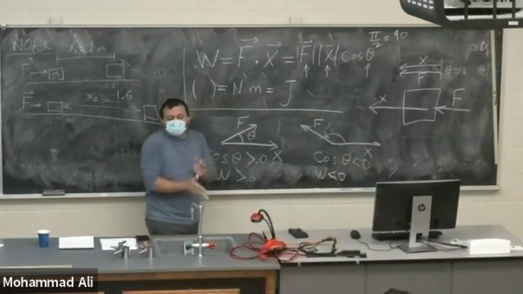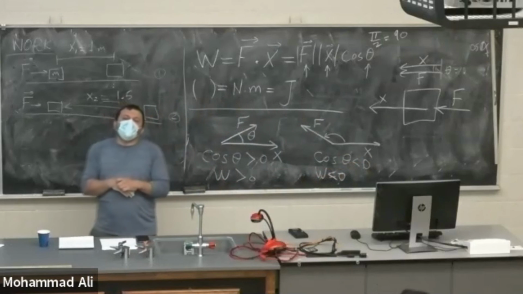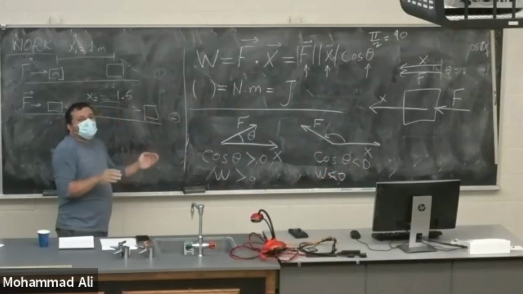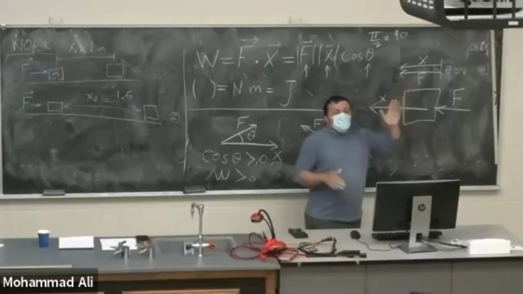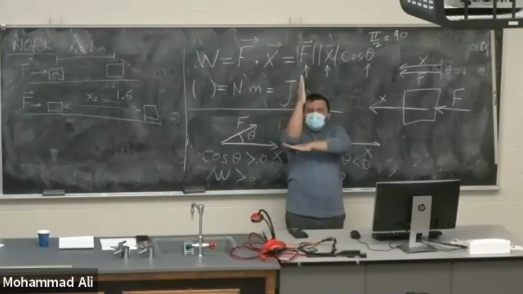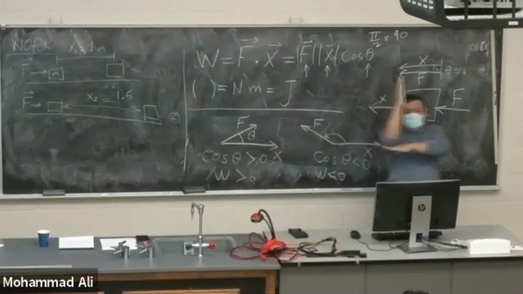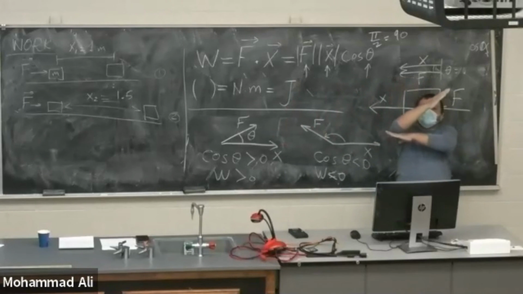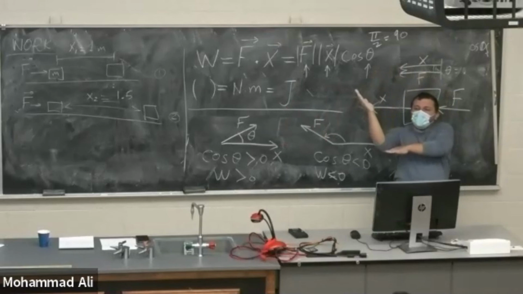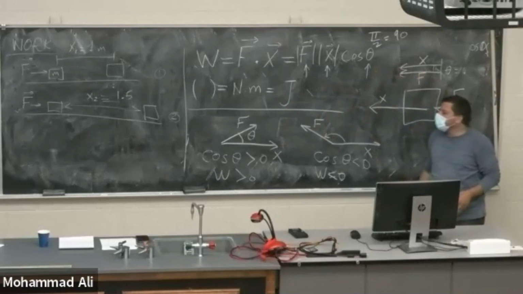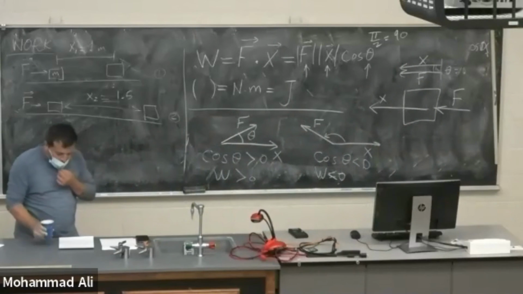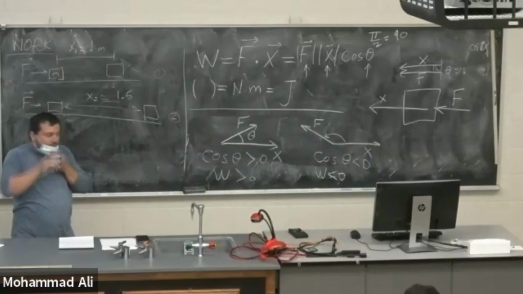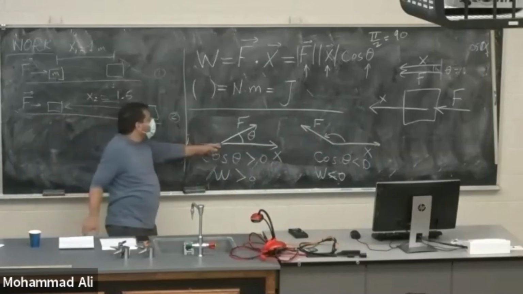So you can determine whether the work is positive or negative by knowing cosine theta. If theta is equal to 90 degrees, then cosine theta is equal to 0. If theta is less than 90, cosine is positive. If theta is bigger, then cosine is negative. The work is negative. You need to be careful about the direction of the force.